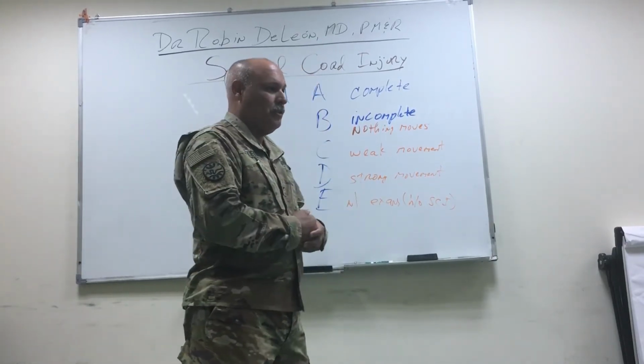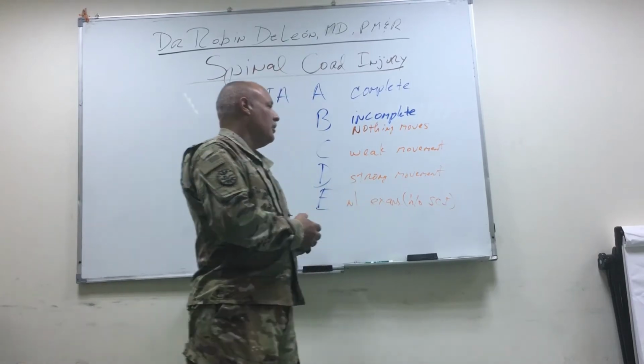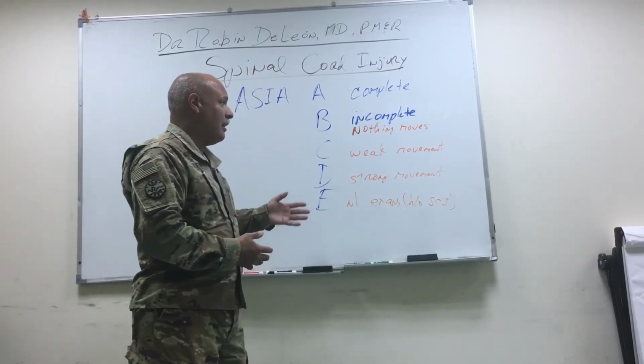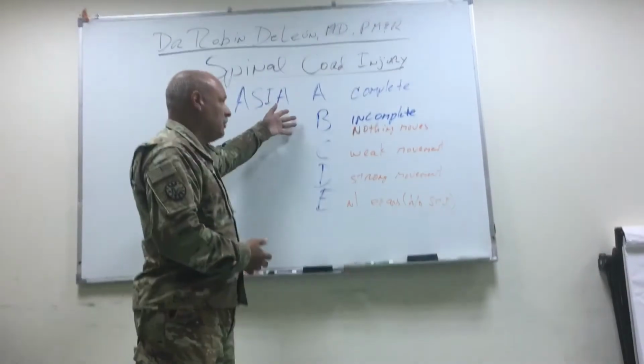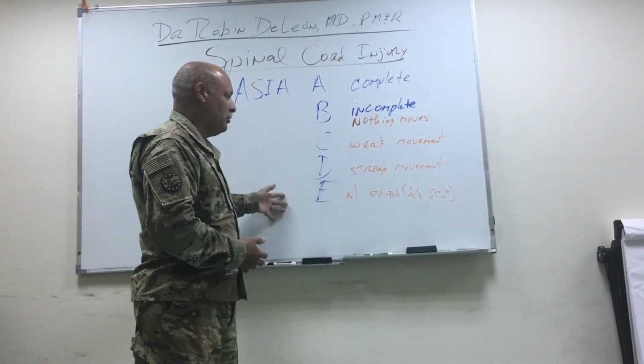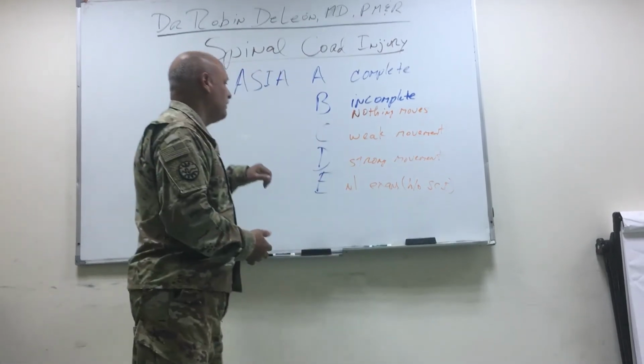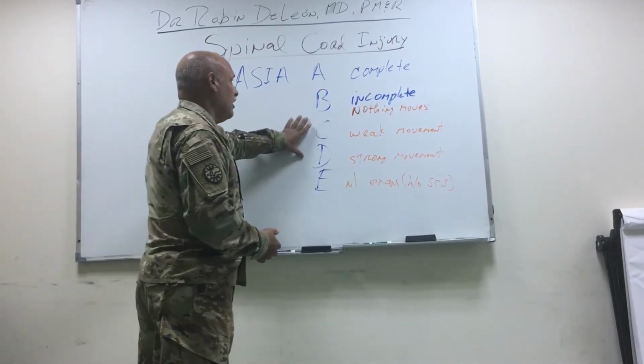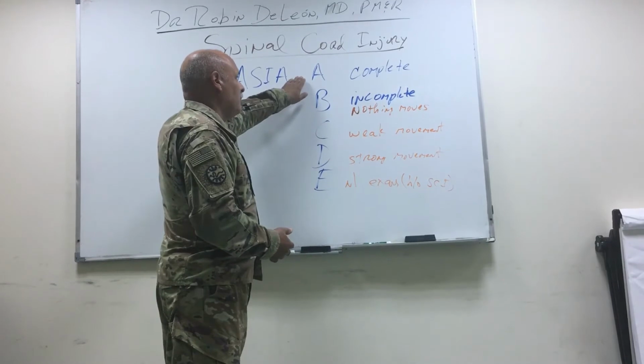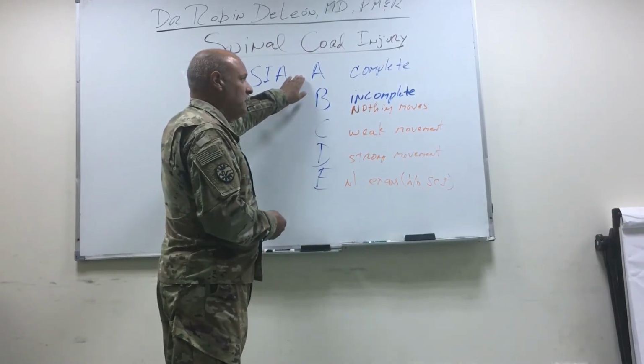Then we get into the motor. So pulse motor sensory, we've got the sensory, and now moving on to motor to help us distinguish nothing moves, weak movement, strong movements versus normal exam, and I'll come back and talk about this in a moment. And now we're talking about the motor. Complete, can't feel my rectum.